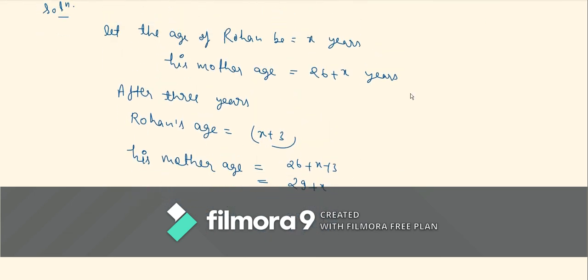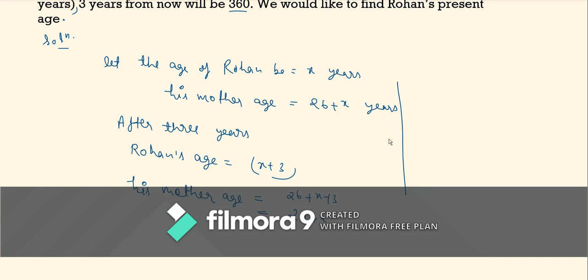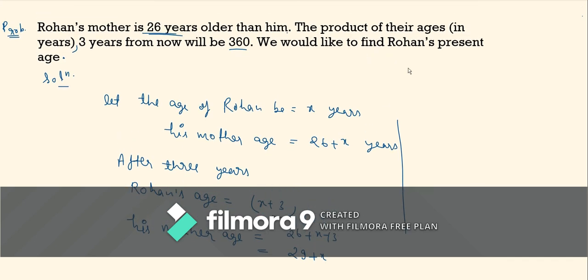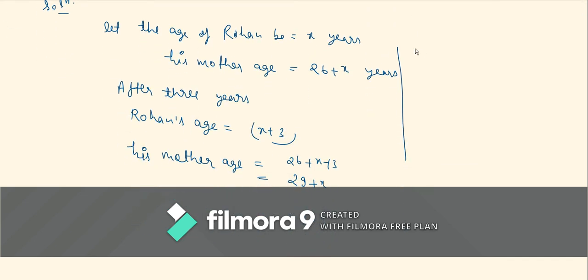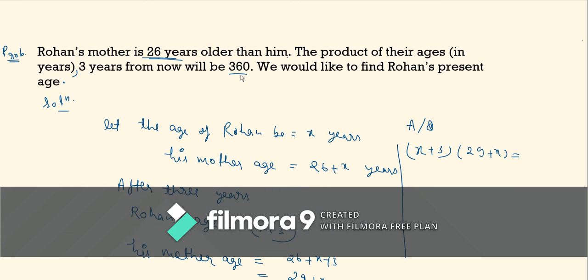Now the given condition is their product, so let's multiply them according to the question. (x plus 3) multiplied by (29 plus x) gives you how much? 360.